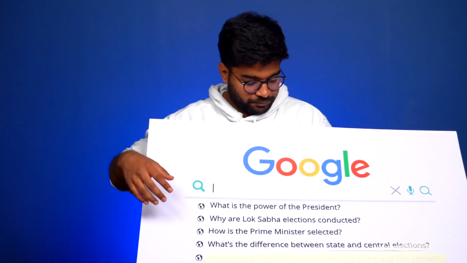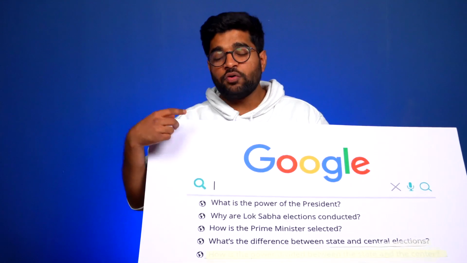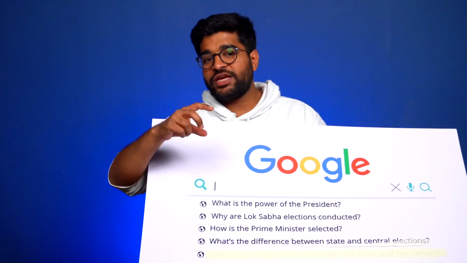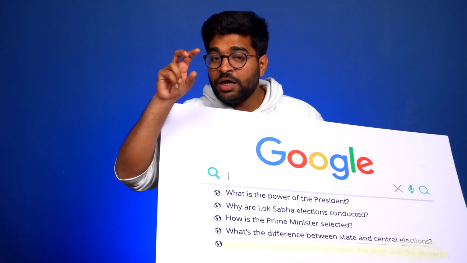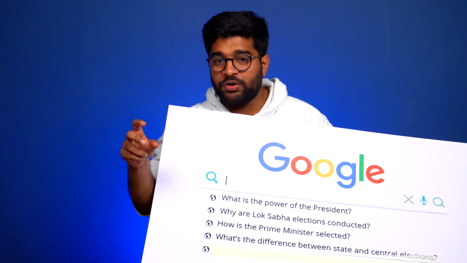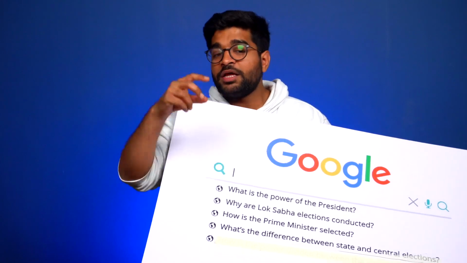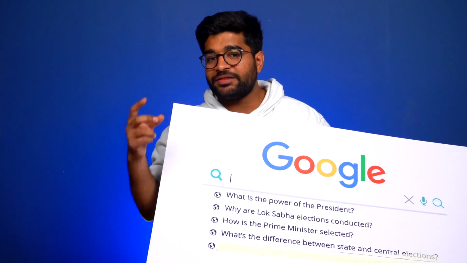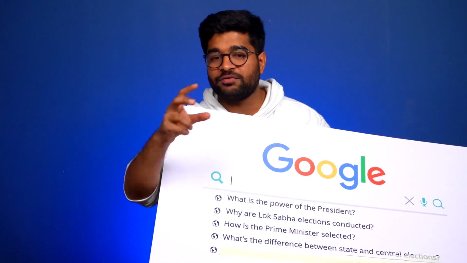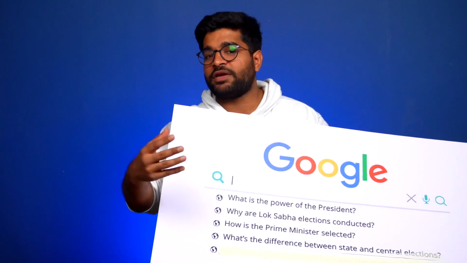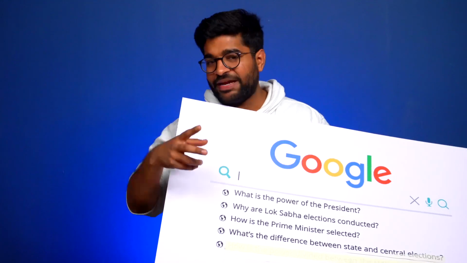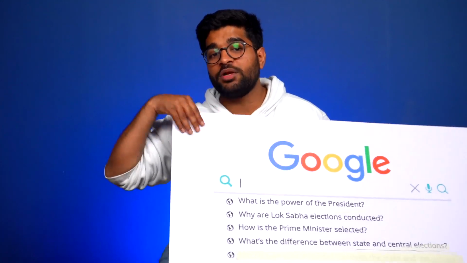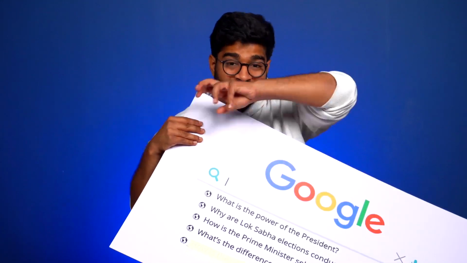When you vote for the state elections, you are essentially electing representatives for the legislative assembly. The people that come to power in the legislative assembly become the members of the legislative assembly, or MLAs, right? So your constituency will have an MLA, and that MLA is responsible for your constituency at the state level.